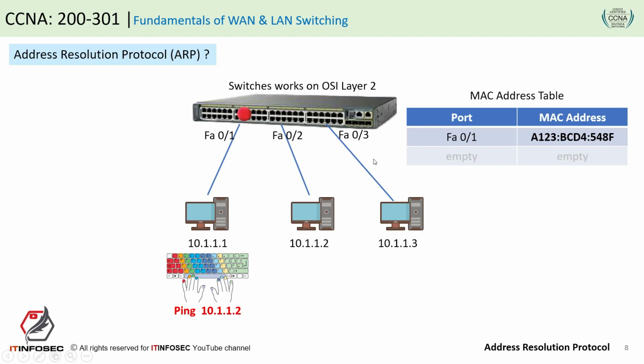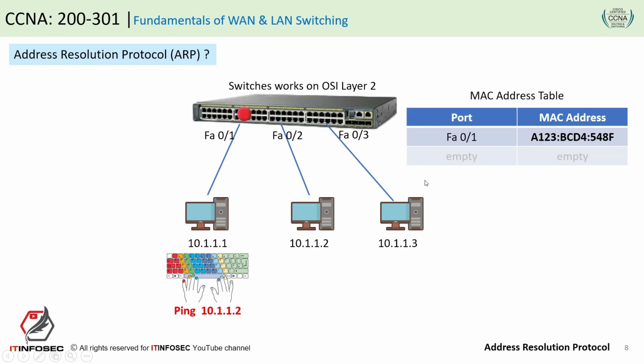Imagine this switch is very new, just placed in the network, and doesn't have any information about computers in its MAC address table. Because we sent the packet by the ping command, it learned our MAC address and placed it in the MAC address table, coming from FastEthernet 0/1.